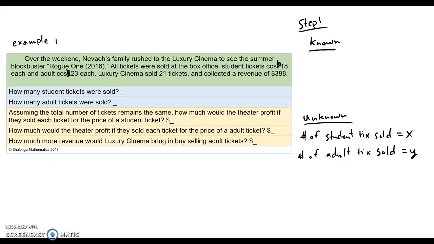Now let's go back through and identify the things that we know. And again, the things that we know are our values. So over the weekend, Nevaeh's family rushed to Luxury Cinema to see the summer blockbuster Rogue One. All tickets were sold at the box office. Student tickets cost $18 each.